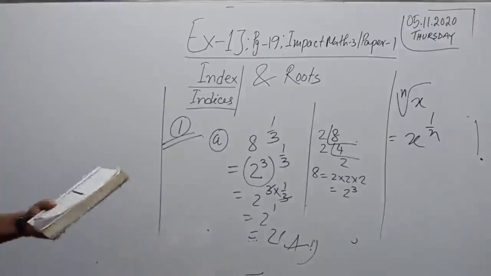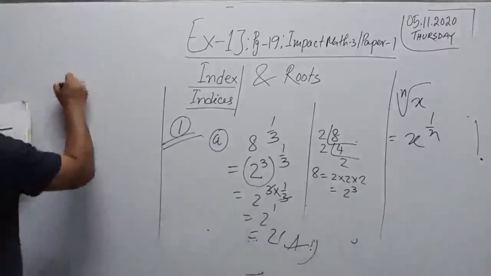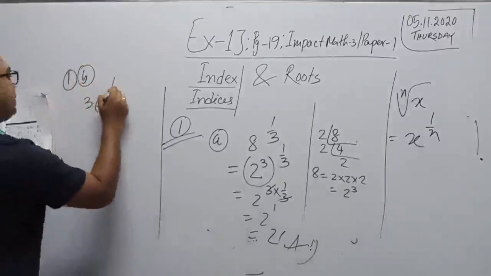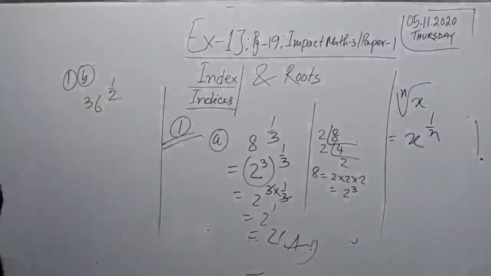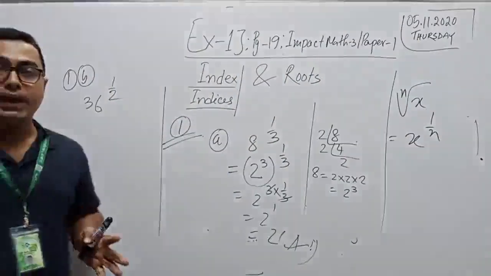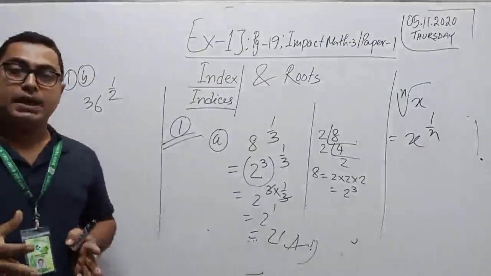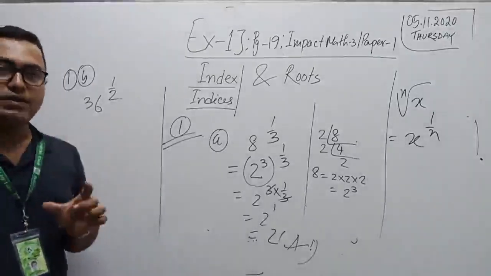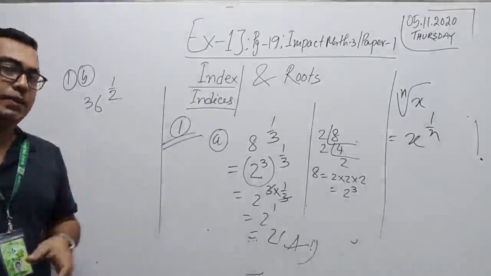Okay. Next question, 1b. 36 to the power 1 by 2. Look here, a number, we can factorize it in many ways. But here, we have to use the factors that are essential for me.